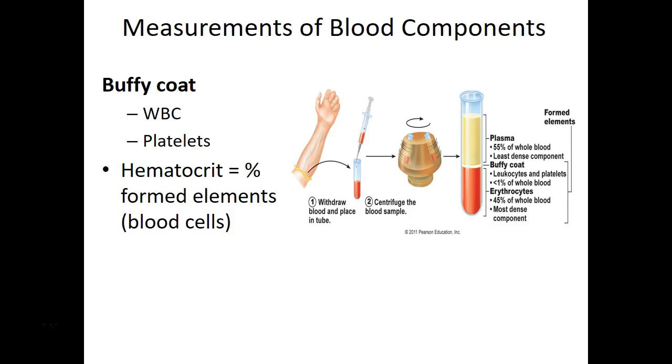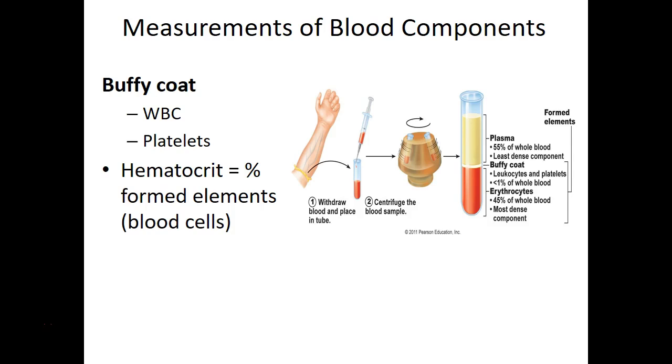So remember, we centrifuged this, which means the force was pushing down this way. And the larger structures, right, the formed elements that are bigger, okay, are pelleting at the bottom. And so those are going to be leukocytes and erythrocytes here. Erythrocytes, right, are going to pellet to the bottom here.